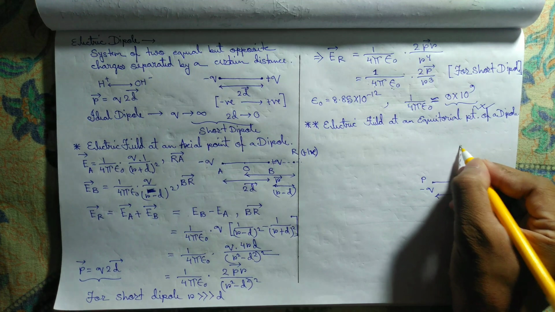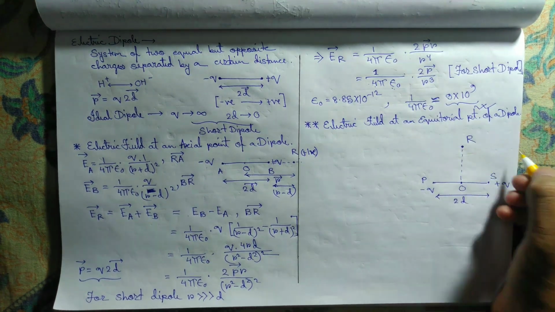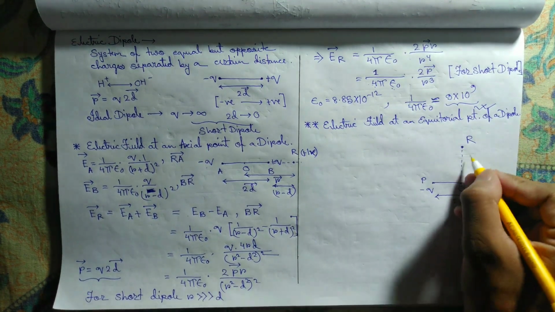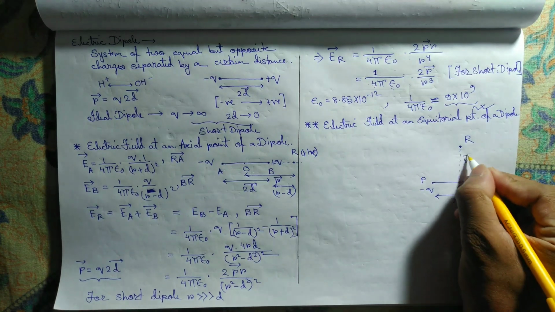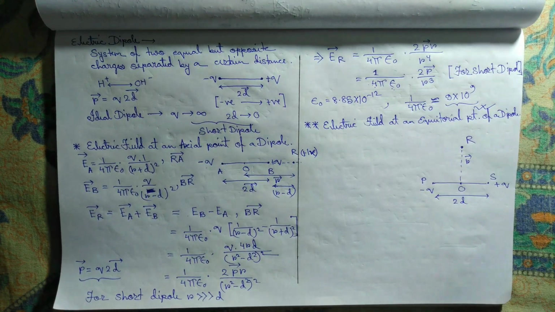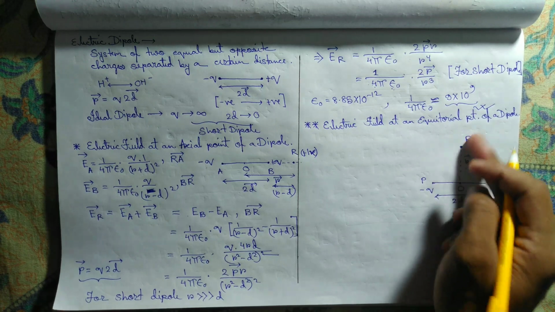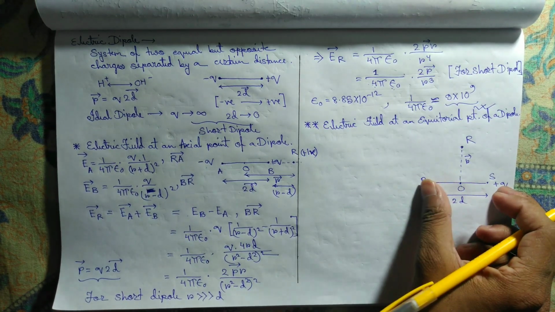Let's take the point R here, at distance r away. This distance is 2d, this distance is r. We have to find the electric field at the point R due to that dipole PS.